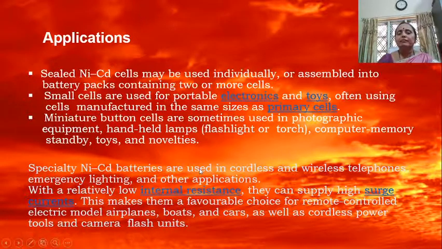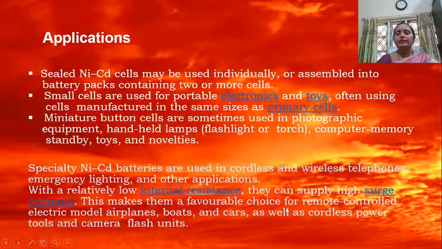The miniature button cells are sometimes used in photographic equipment, handheld lamps, flashlights or torches, computer memory standby, toys and novelties. Nickel cadmium batteries are also used in cordless and wireless telephones, emergency lights and other applications.